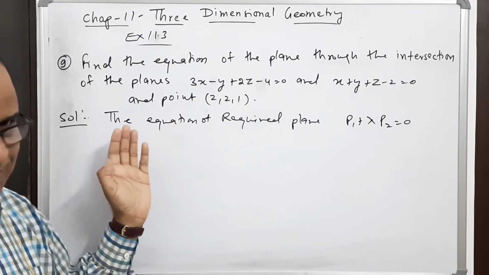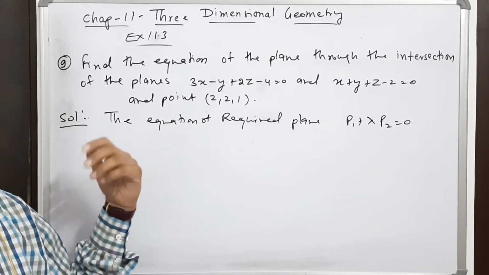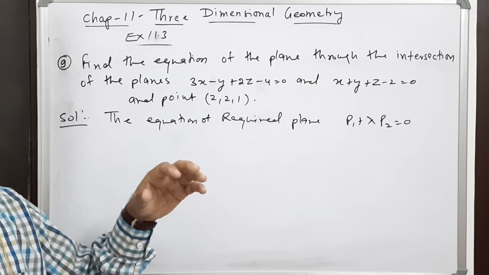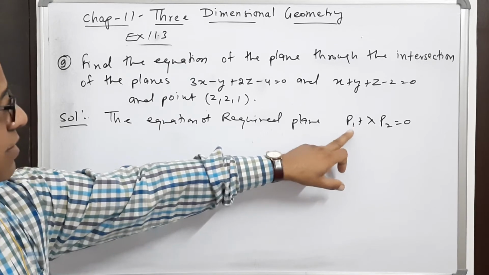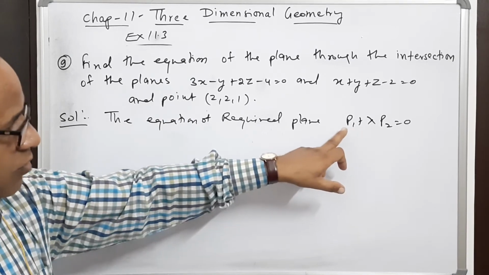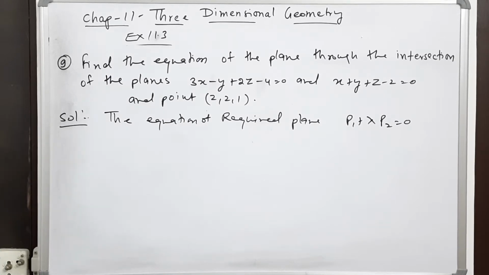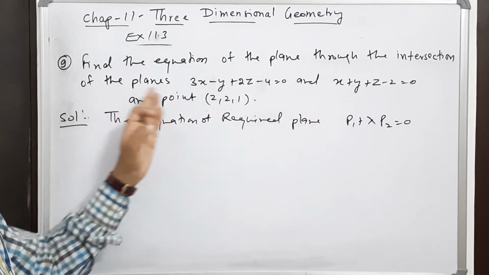You have read last year the equation of the line which passes through the point of intersection of 2 lines. There it was L1 plus lambda L2, and in this problem we are saying the equation of the plane through the intersection of 2 planes.